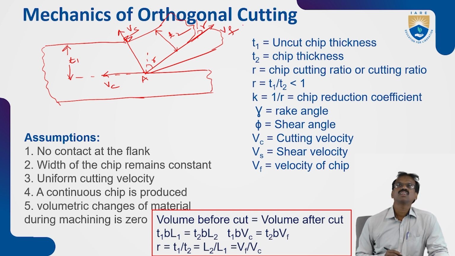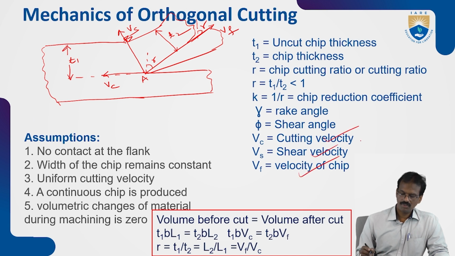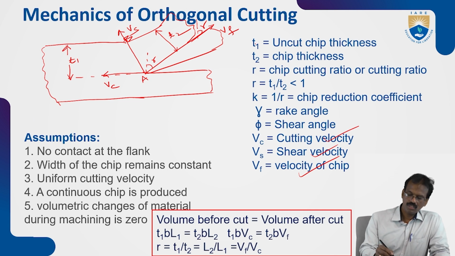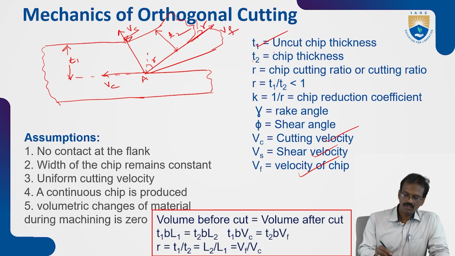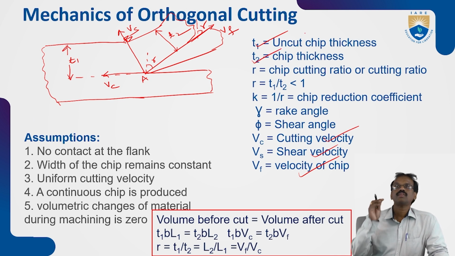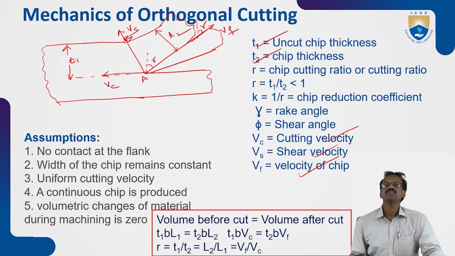So these are the different velocities: cutting velocity, shear velocity, and velocity of the chip or frictional velocity. T1 shows the uncut chip thickness, and T2 shows the chip thickness after cutting.